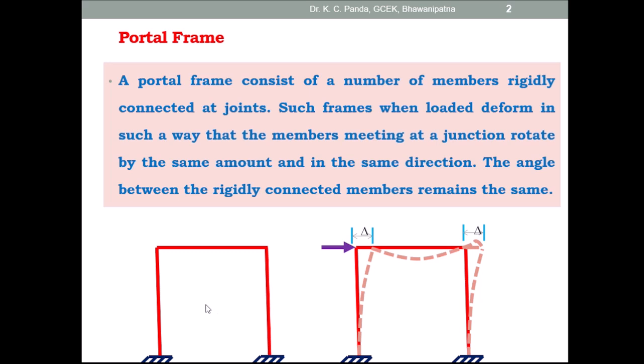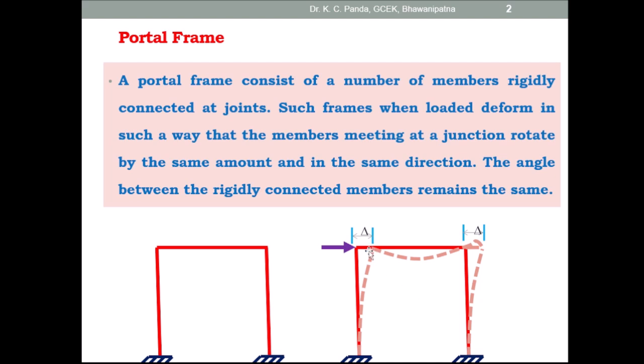Such frames, when loaded, deform in such a way that the members meeting at a junction rotate by the same amount. This is the frame before loading and this is the frame after loading. After loading, this is the deformed shape of the frame.